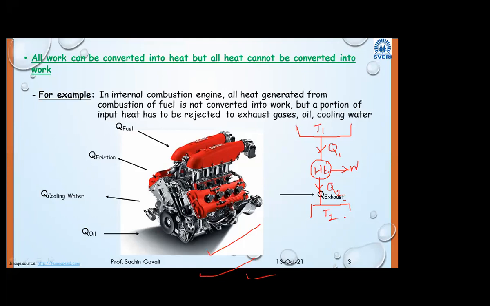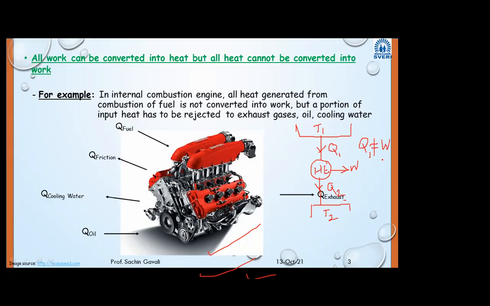So in that case, here T1, Q1 heat is coming and W is what? Q1 cannot be equal to W. Therefore we can say that the first law is not a quantitative law, means it is not telling us how much amount of heat is converted into work.